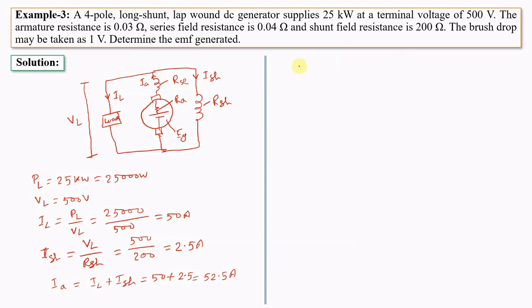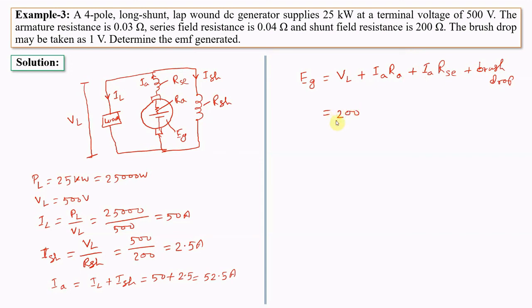So the generated EMF will be calculated as EG. That will be equal to the voltage across the load plus the voltage drop in the armature winding resistance plus the voltage drop in the series field winding resistance plus brush contact drop. So here the voltage across the load is 200.